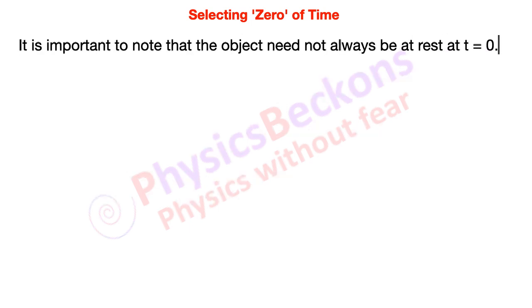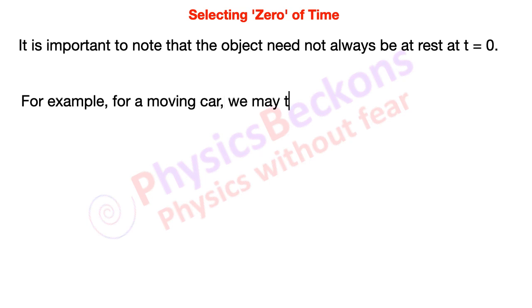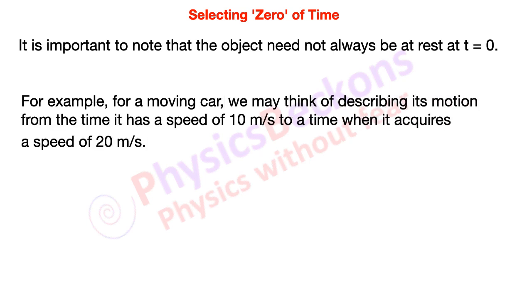However, it is important to note that the object need not be at rest at t equal to 0 second. That's not essential. For example, for a moving car, we may think of describing its motion from the time it has a speed of 10 meters per second to a time when it acquires a speed of say 20 meters per second.